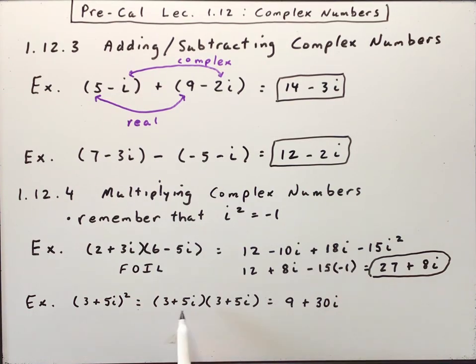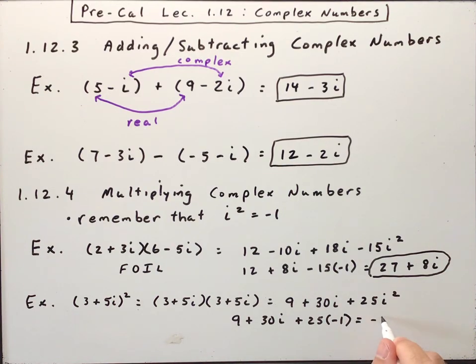So I just did the inside and the outside all at once, and then plus 25i squared for the last. That's going to be 9 plus 30i plus 25 times -1. Well, 9 minus 25 would be -16, right? We need to write that first. So -16 plus 30i.